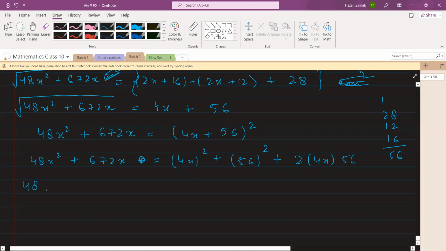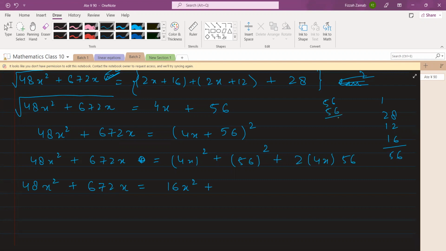So 48x square plus 672x is equal to 16x square plus, how much is 56 into 56? I think 3136. Please check the calculation.